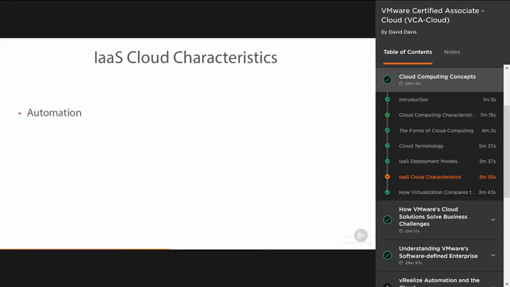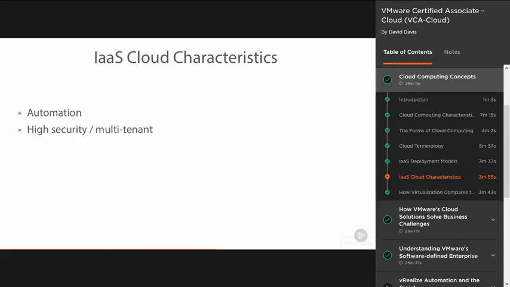The first one is automation. I've mentioned vRealize Automation, which is VMware's automation tool. Whether you're using that tool in a private cloud or you're utilizing a public cloud with vCloud Director, either tool is going to give you some type of automation, which will abstract away the traditional server, storage, and network administrative type tasks that typically have to be performed when you deploy a new, let's say, physical server, operating system, and application.